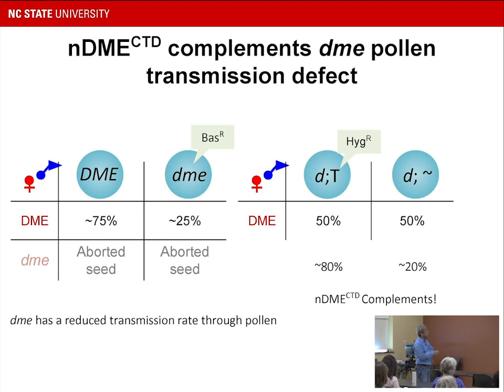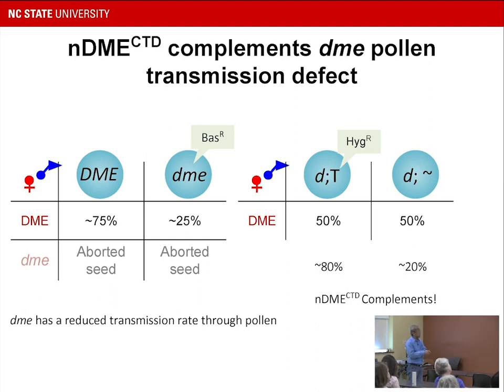So we asked whether our C-terminal construct will also complement this defect. Now, if you have a homozygous mutant pollen and then one copy of the transgene, we found that instead of all the mutant being transmitted equally, the pollen that has the transgene actually gets transmitted more effectively.